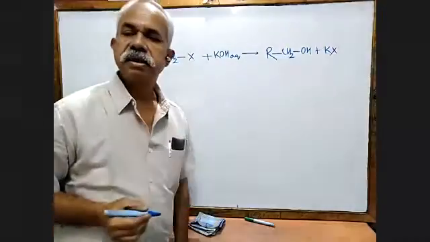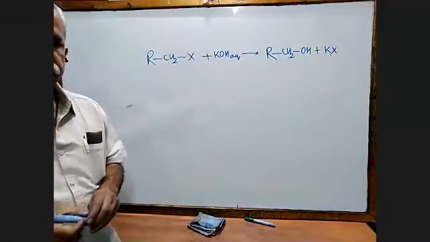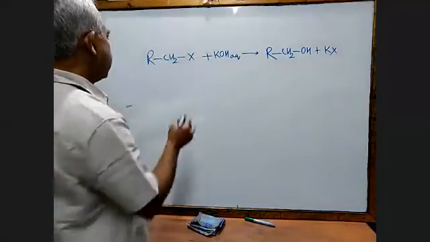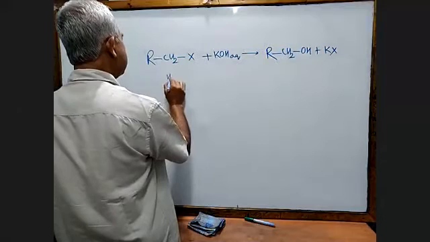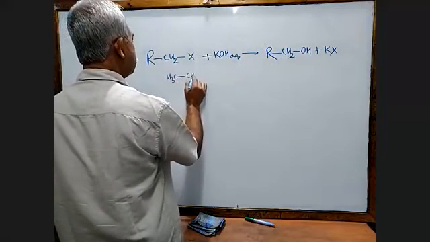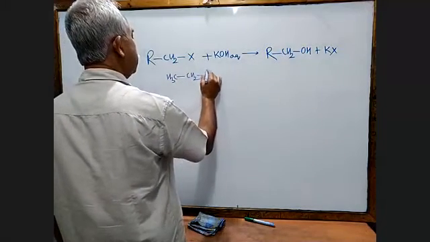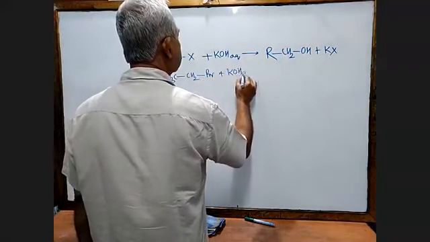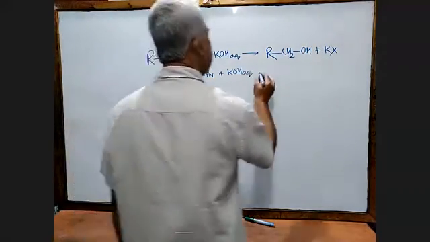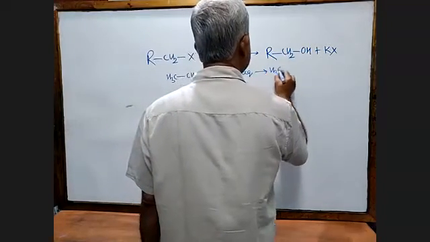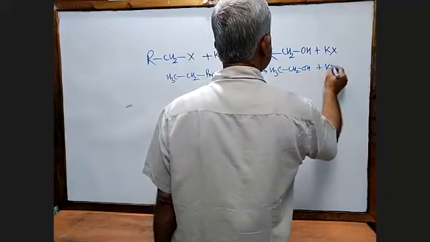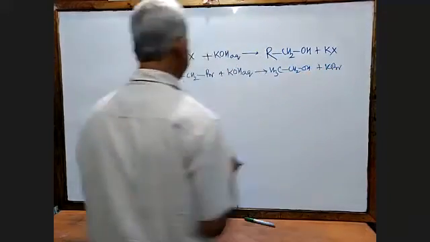If you treat a haloalkane, you will get the corresponding alcohol. So let me write CH3CH2Br. If I take an aqueous solution of potassium hydroxide, you will get ethanol and potassium bromide.